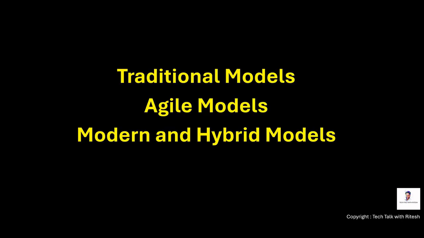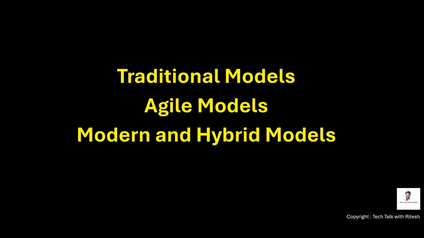Like I said, I have categorized all those models into three categories: traditional models, agile models, and modern and hybrid models. Traditional models are the legacy ones which have been used since the inception of software engineering. Agile models are still popular.